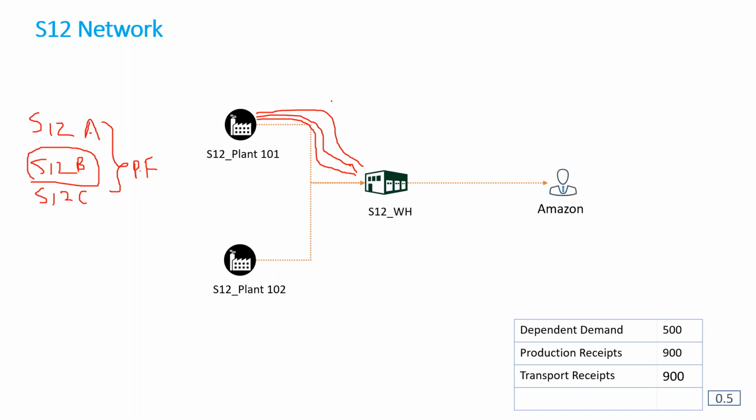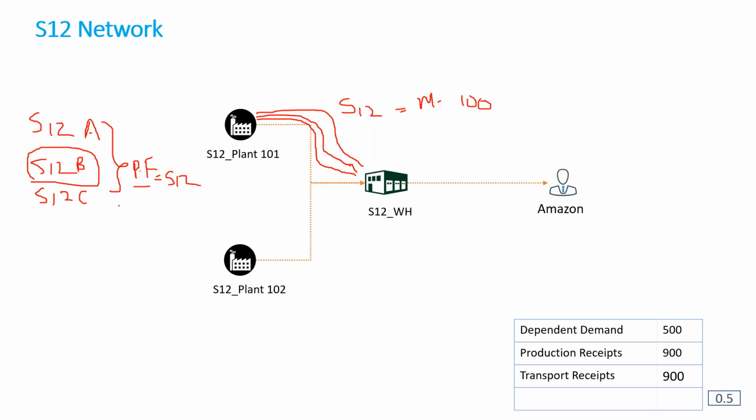But if I'm saying aggregated constraints, you actually go and say between these locations, in the product family, let's just say the product family is S12. So I'll say that my S12 product family should do a minimum of 100. If you keep a constraint at an aggregated level and you run the supply planning, the system will respect it.